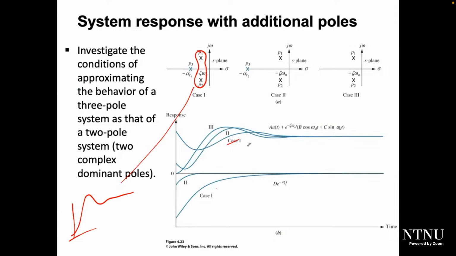So this is case 1, we have case 2, and finally case 3. In case 3, it is a second order system, which we know very well, right? Just by adding some additional poles, you should be able to know the difference between the responses.